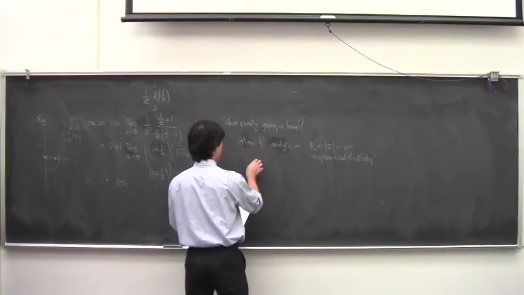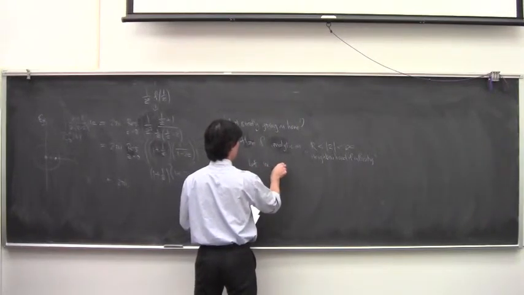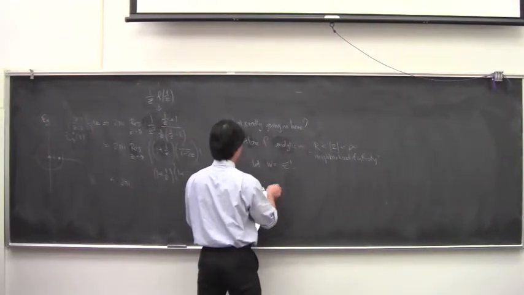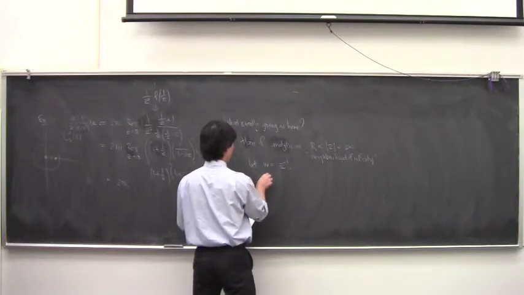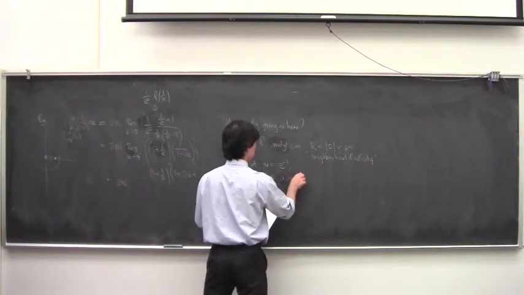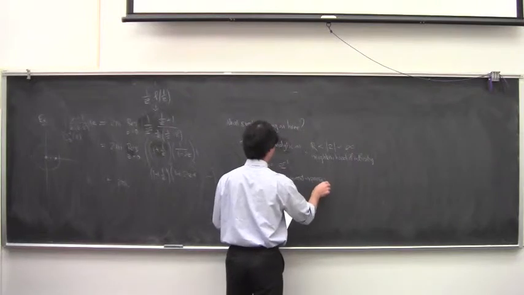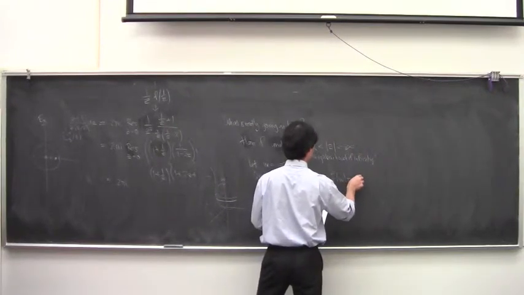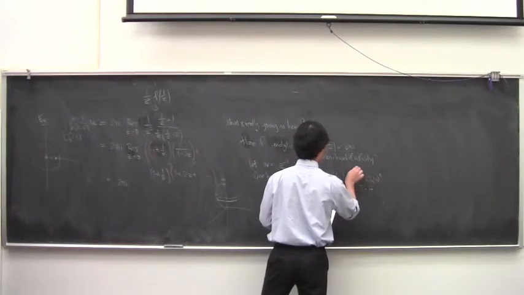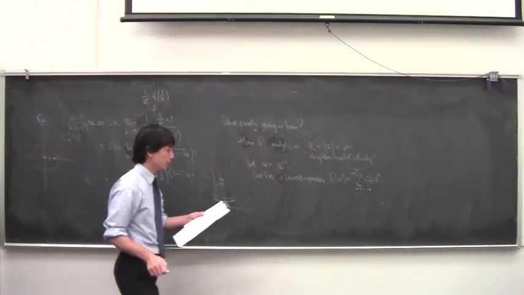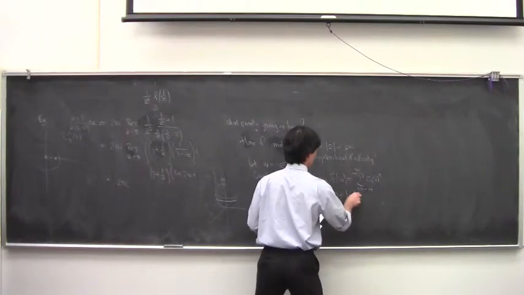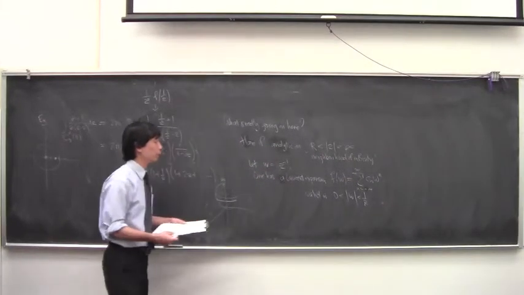Okay, so now w would be z inverse. So then one has a Laurent expansion, f(w) equals the summation of c_n times w^n, which is valid in a neighborhood of 0.